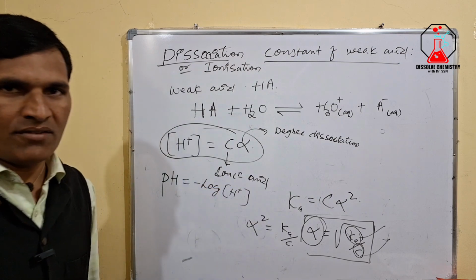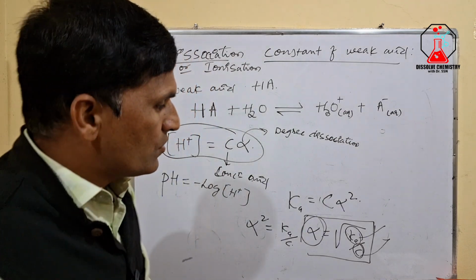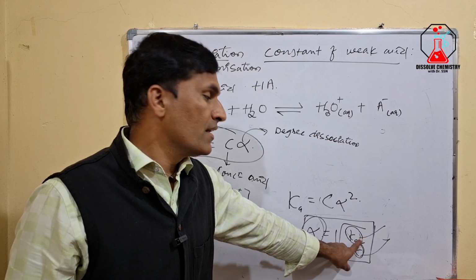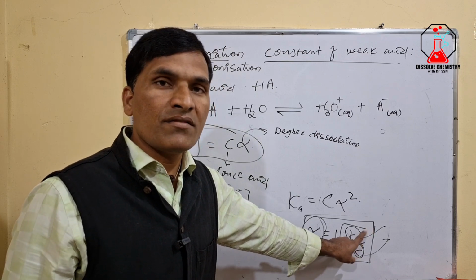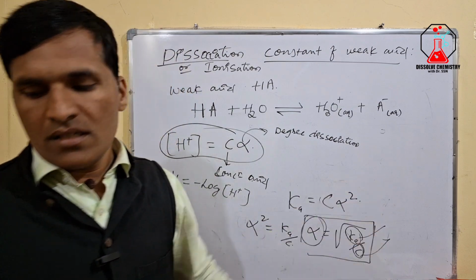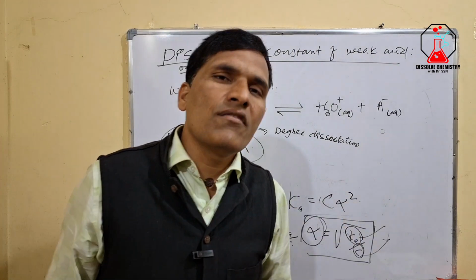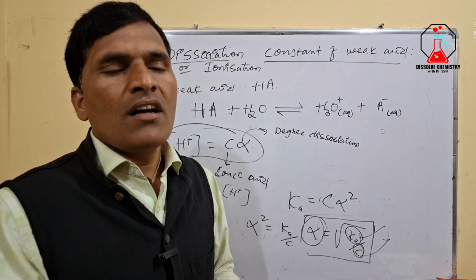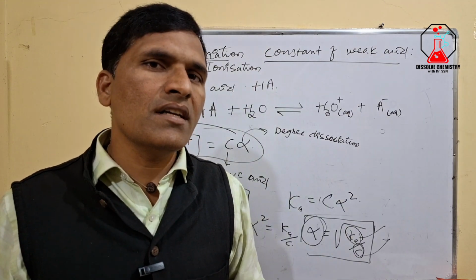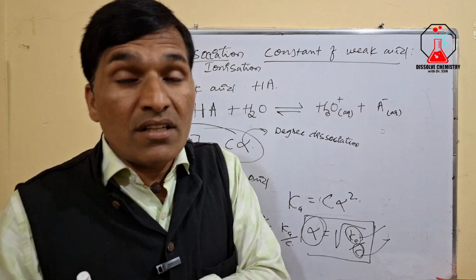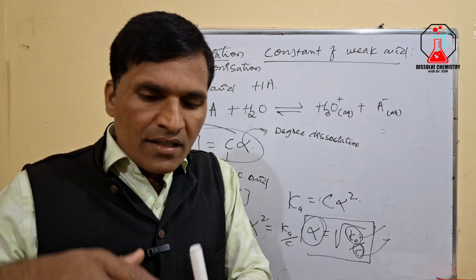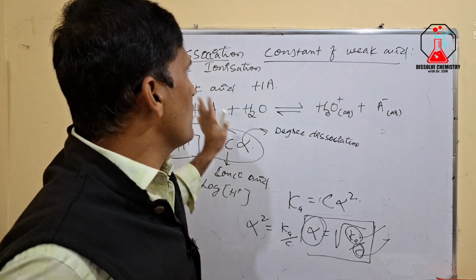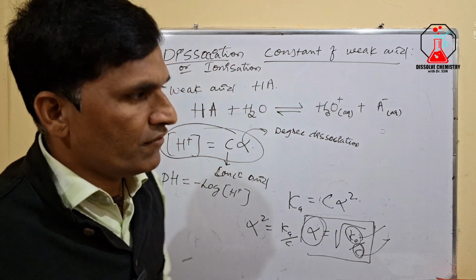This is how the dissociation constant Ka of a weak acid plays a very important role in telling the strength of a weak acid, in terms of Ka directly, or in terms of degree of dissociation, or we can calculate the H plus ion concentration and further the pH of the solution. So that is all about the dissociation constant of a weak acid.